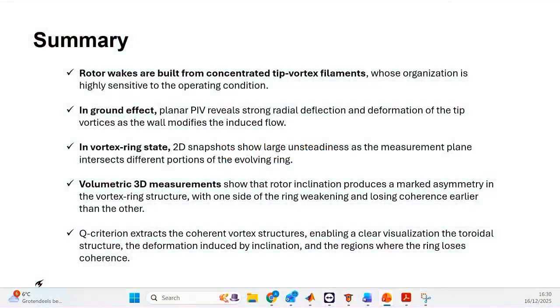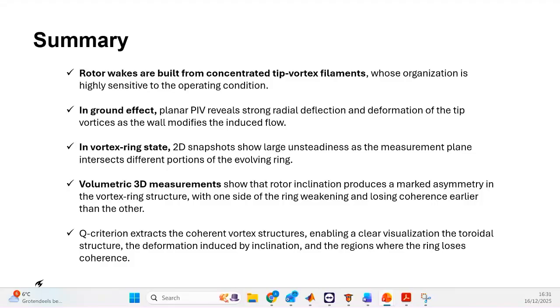Okay, so finally, to conclude my presentation, these are the main points that I tried to discuss. Rotor wakes are built from concentrated vortex filaments which organize depending on the operating conditions. That's the reason we need to study the different conditions, or at least the conditions that could be dangerous for some operations.